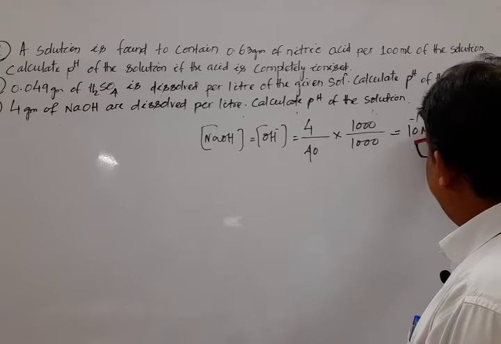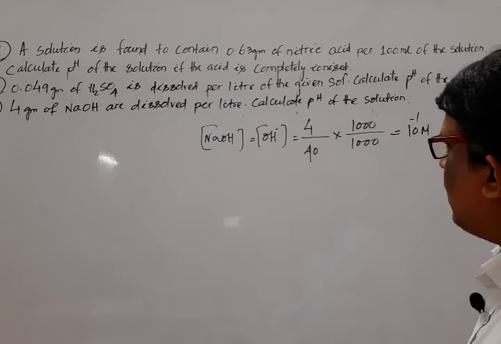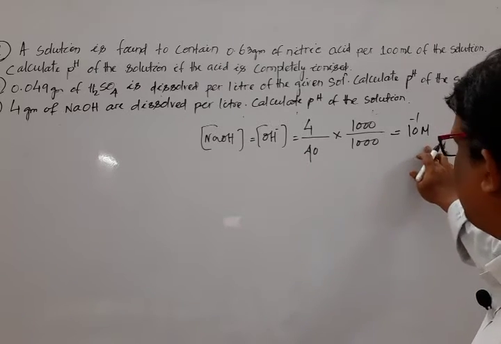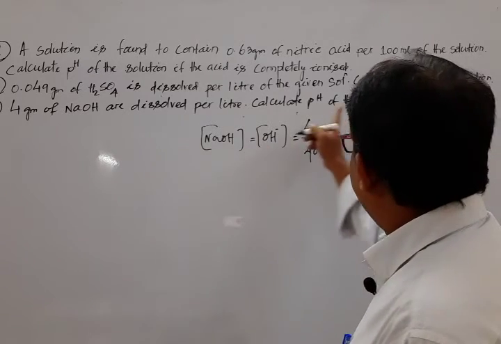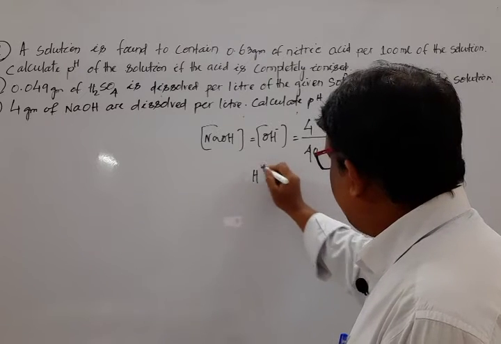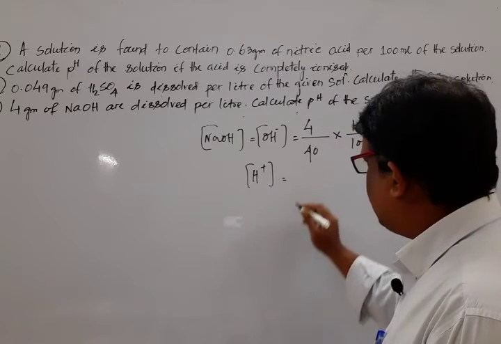So if OH minus ion concentration is equal to 10 to the power minus 1 M, then the question is to calculate pH. Before calculating pH, it is necessary to calculate H plus ion.